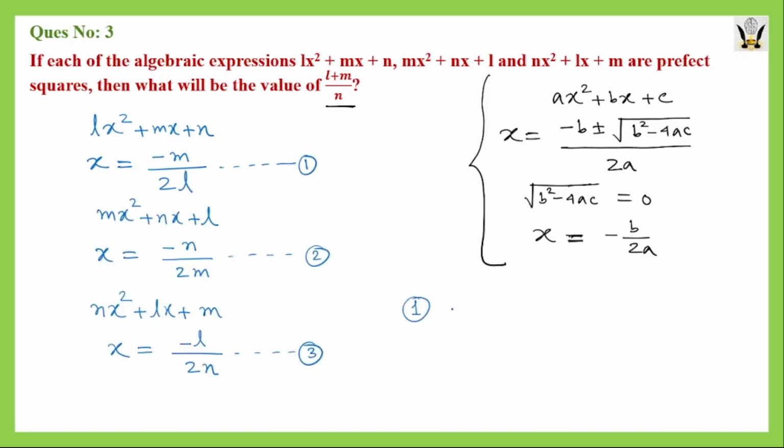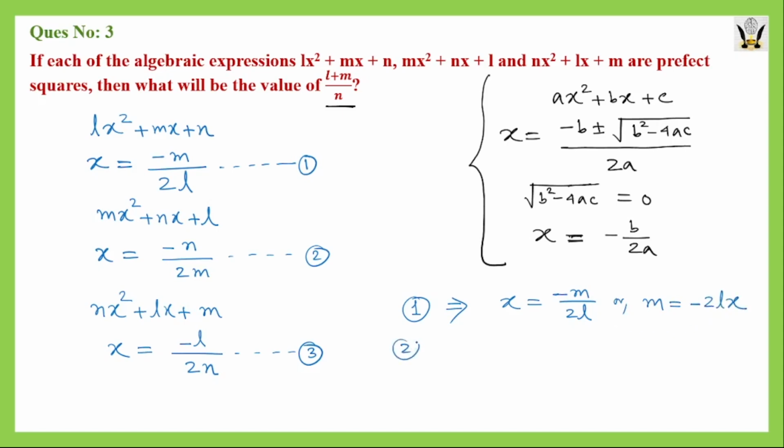From the first equation, we are getting x is equal to minus m by 2l. So from here we can say that m will be equal to minus 2lx.